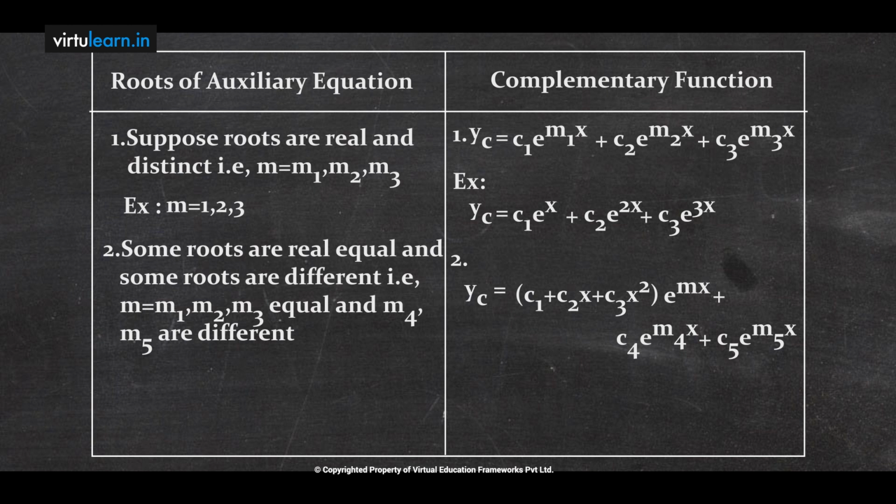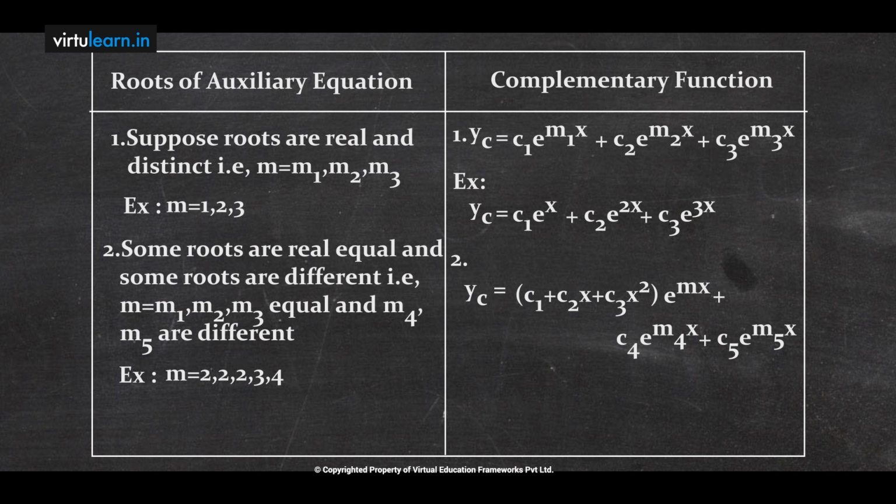I have not taken an example yet. Suppose, for the second complementary function, this is the example: m equal to 2, 2, 2. The first root is 2, the second root is 2, the third root is 2. These three are equal roots. The next ones are 3 and 4, which are different.